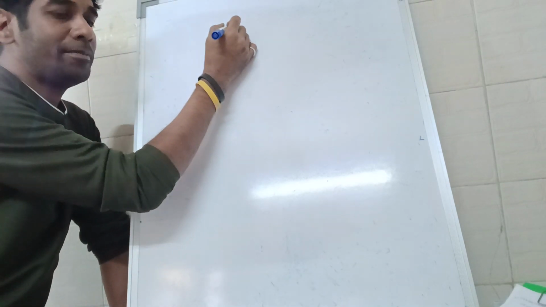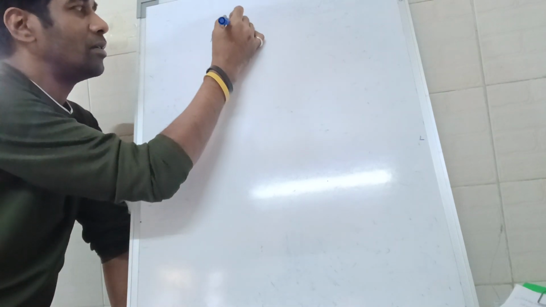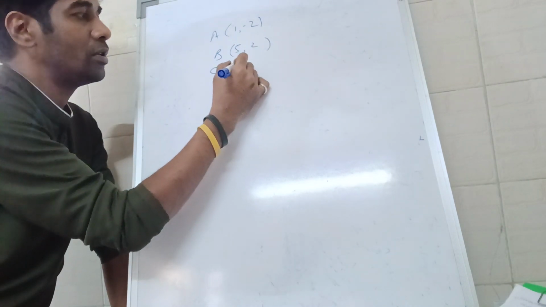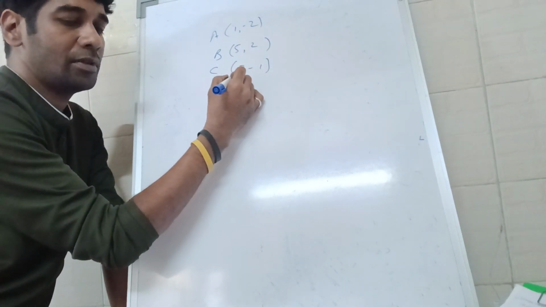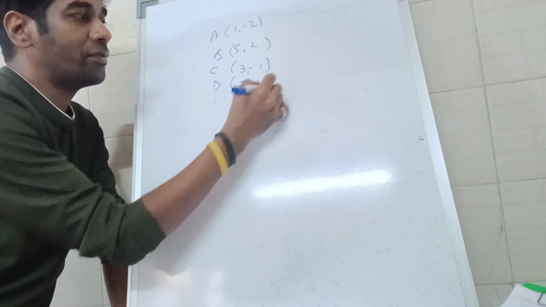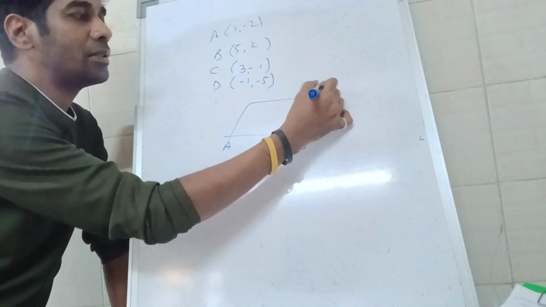Now I've got point A, point B, point C and point D: 1, -2; 5, 2; 3, -1; -1, -5.